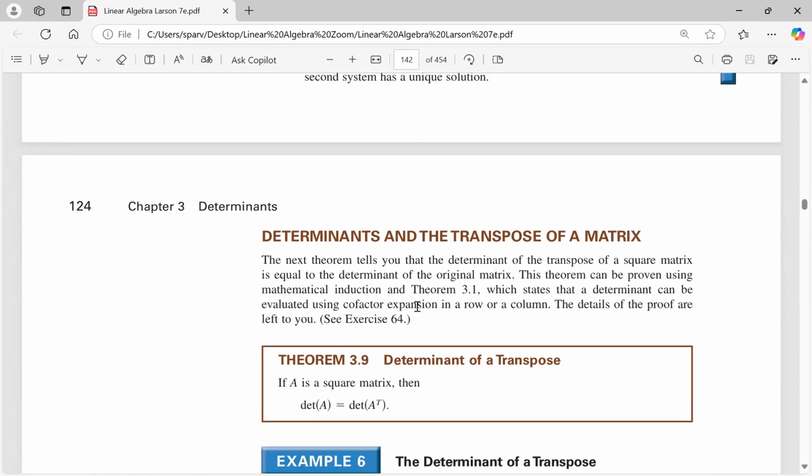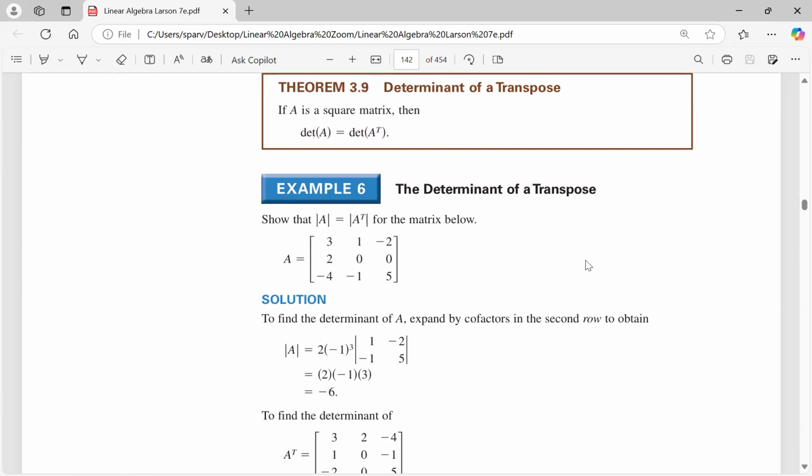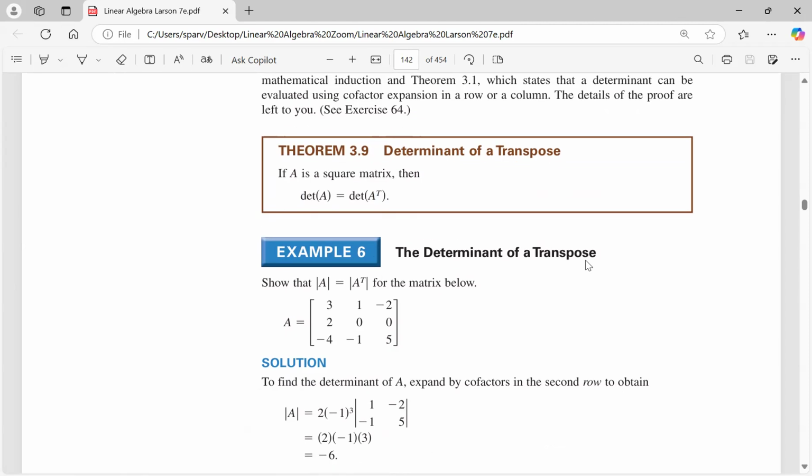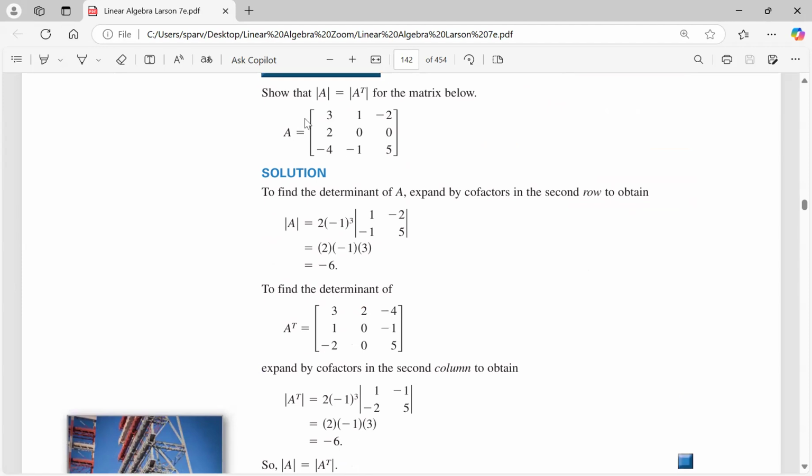And now, the relationship between the determinant and the transpose of a matrix. This is pretty cool. The determinant of a matrix and its transpose are exactly the same. Here's his example. He has a matrix A. Its determinant ends up being -6, with the details on how he did it.